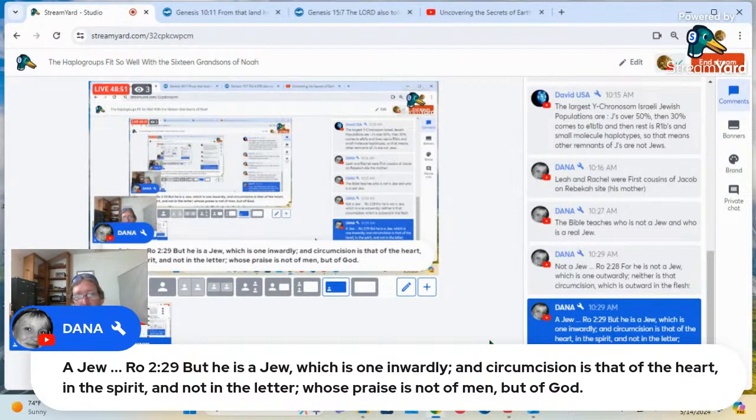We're grafted into the Israel of God. We become Jews or Jewish, but not necessarily autosomally, but after the heart, the circumcision of the heart in the spirit, not the letter, whose praise is not of men but of God.